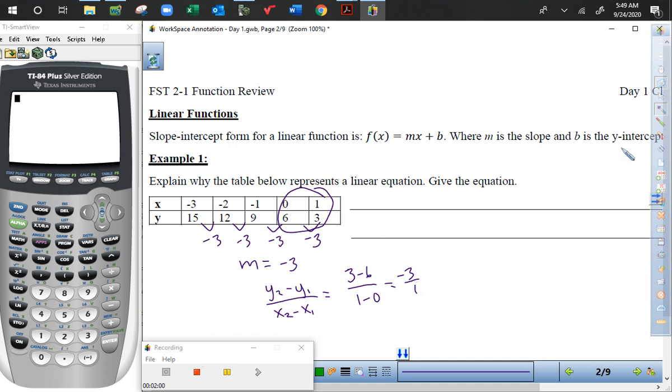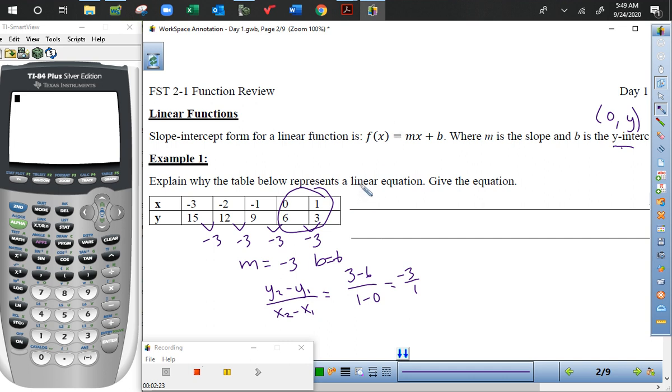The y-intercept is an ordered pair, and it always looks like 0, some number. In our table we're just going to look for 0, and that'll get it for us. We've got 0 with a 6 here, so that indicates our b is 6. So why is it linear?